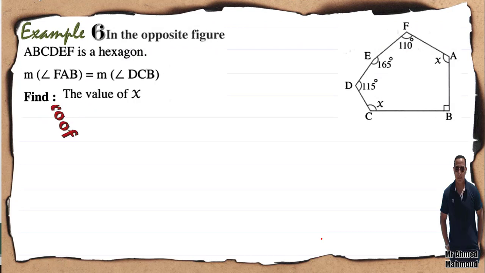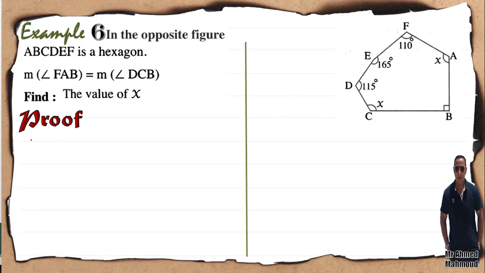Here example 6. This figure is a hexagon and two angles are equal, angle A and angle C are equal, and each of them is called X. So I'm going to solve this one by using the equation.